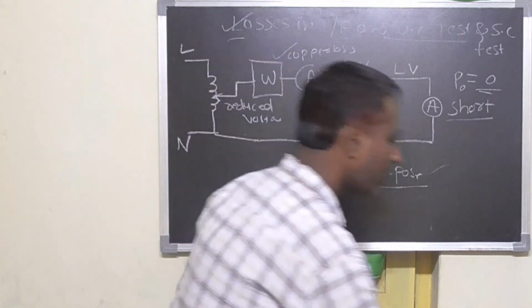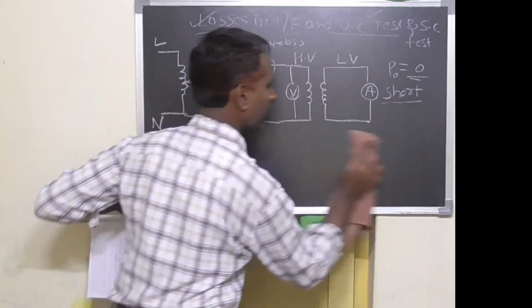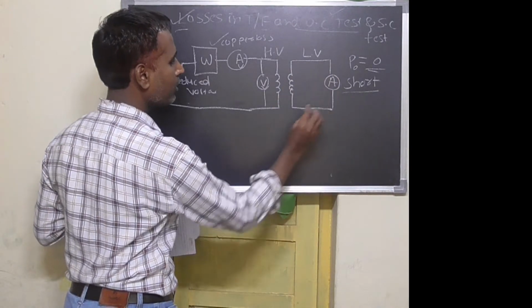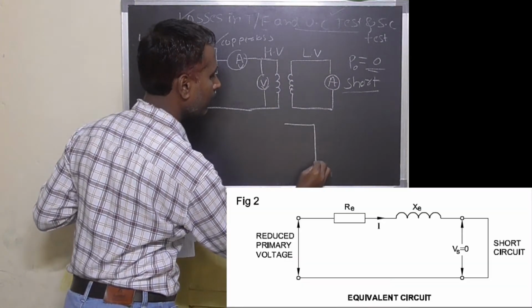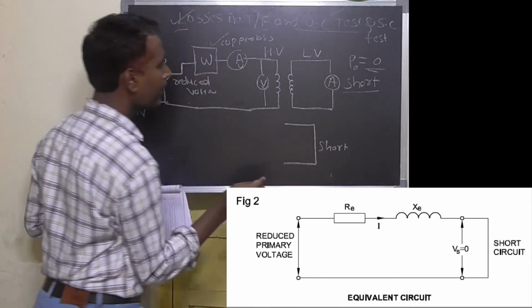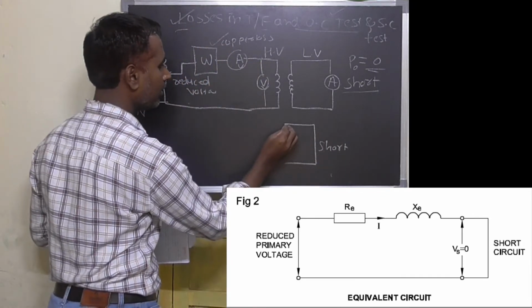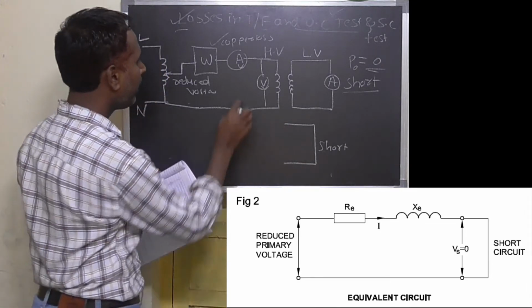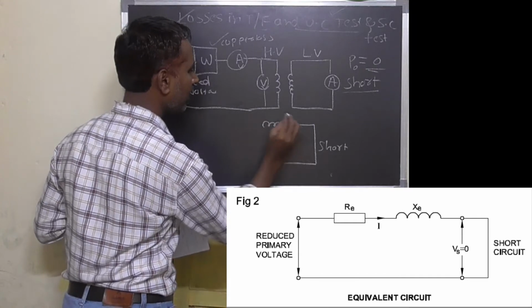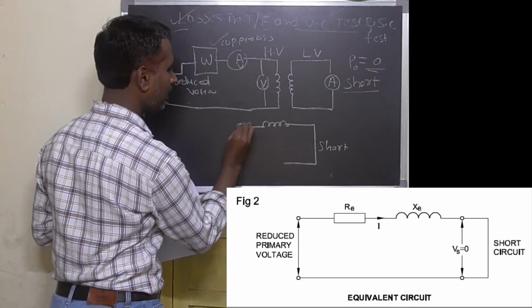Now I am drawing its equivalent circuit. The LV side is short circuited, so here this is a short. This is the equivalent reactance and this is the equivalent resistance.